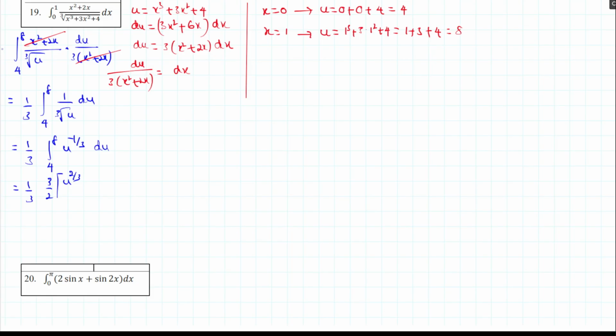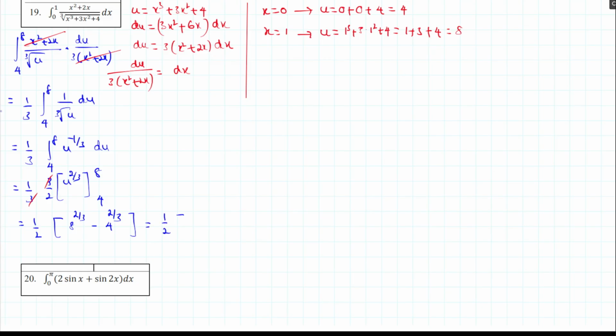Okay, and the limits are 4 to 8. Here you can see the 3 and 3 get cancelled, so this becomes 1/2, and substituting the limits, 8 to the 2/3 minus 4 to the 2/3. 8 to the 2/3 can be written as 2 cubed, so the cube and 1/3 get cancelled, that is 2 squared.